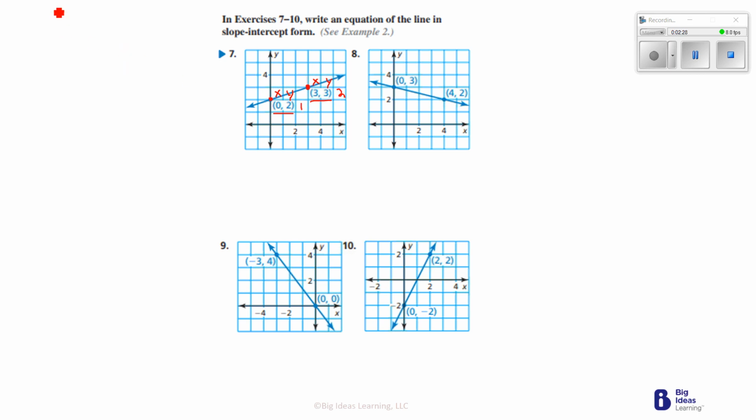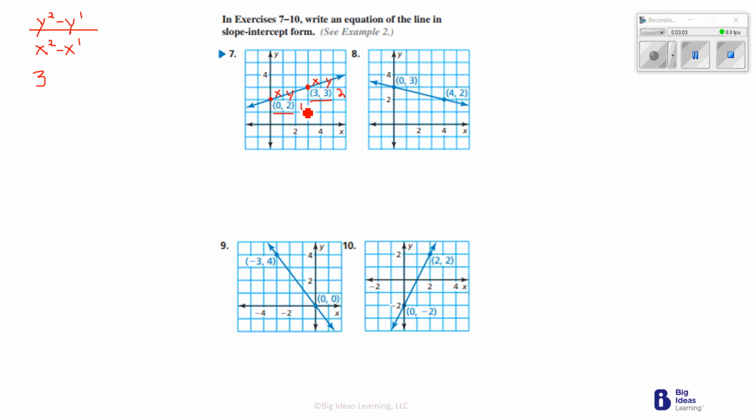For those that forgot the slope formula, it's y2 minus y1 over x2 minus x1. Well, if we're making this one number 2, y2 would be 3, so that's going to equal 3 minus y1.